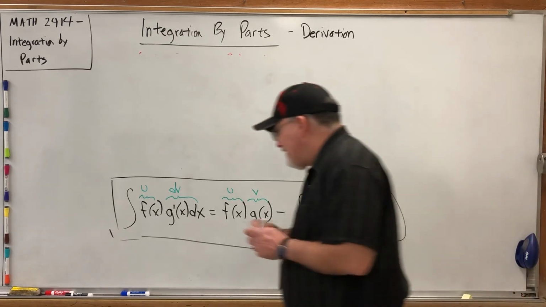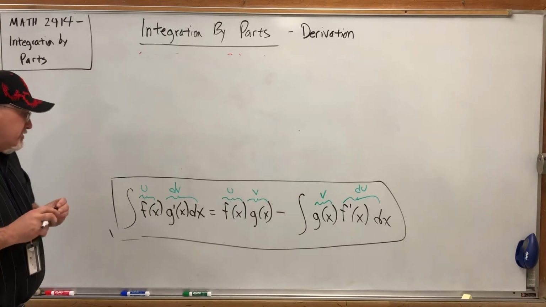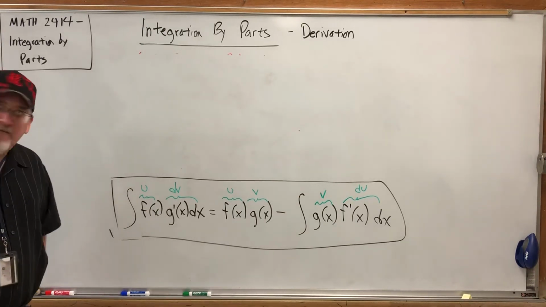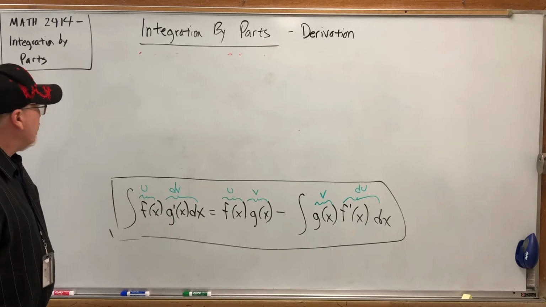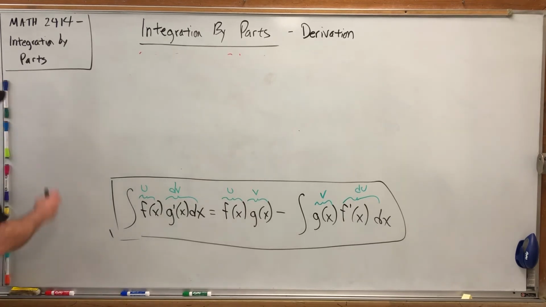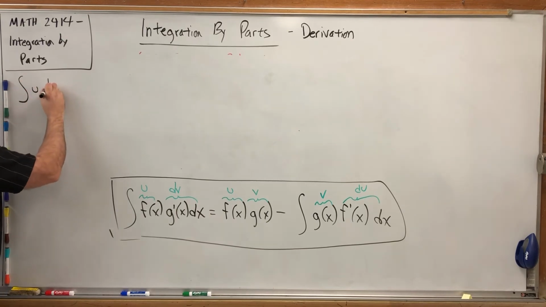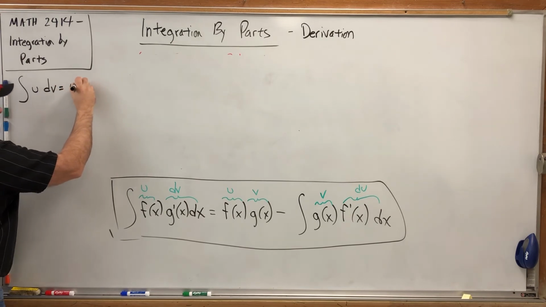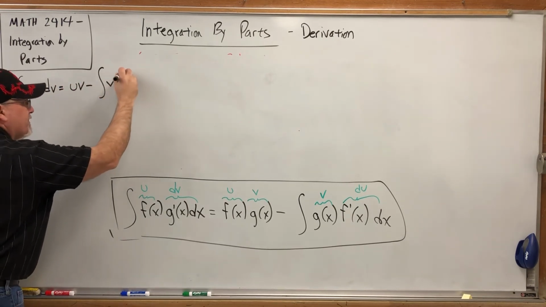So if we write this equation using u's and v's instead of f of x and g of x and their derivative notations, we could say that integration by parts is the integral of u dv is equal to uv minus the integral of v du.